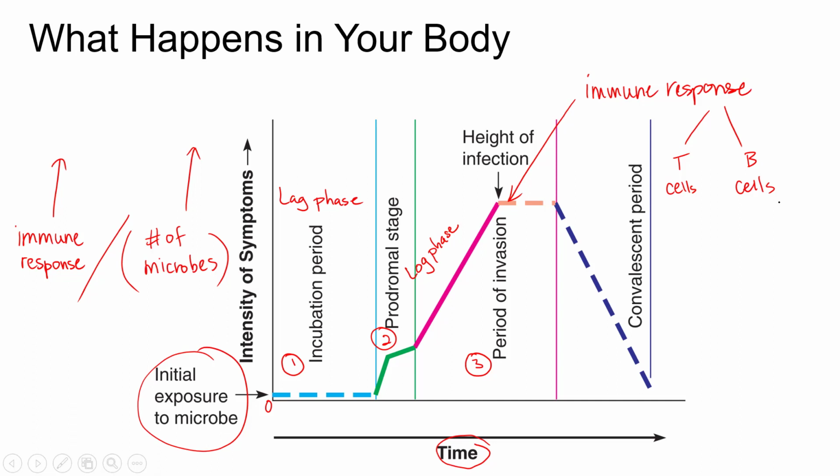If they become activated to high levels, then we can get rid of that specific pathogen. And then we enter the convalescent period, where we begin to see a decrease in the number of microbes. We see a suppression of the immune response as everything is cleared, and we see those symptoms start to go away.